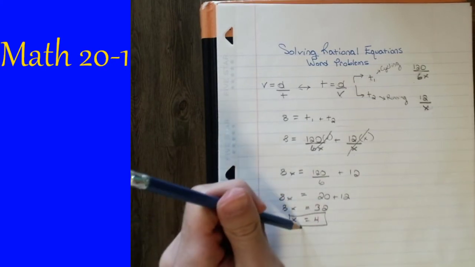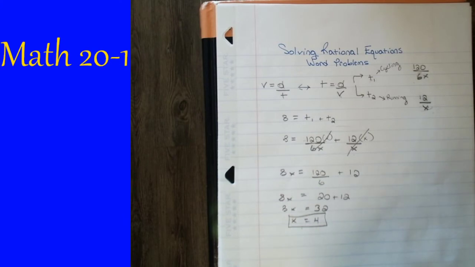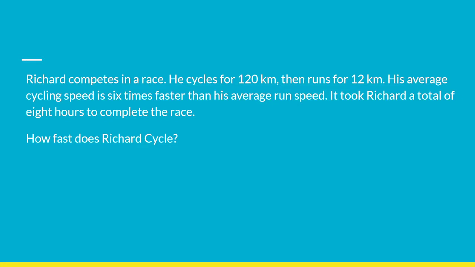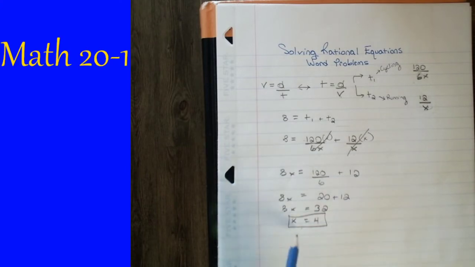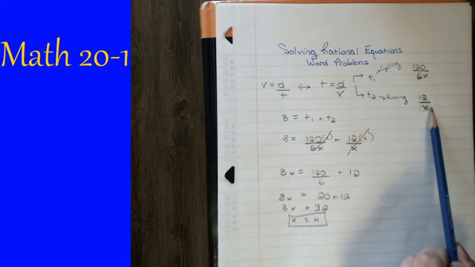We get ourselves an answer, and I want you to come back to what does the question ask us to find? So I'll bring that up again. How fast does Richard cycle? Well, what does x represent? Here's x. X represents how fast Richard runs.